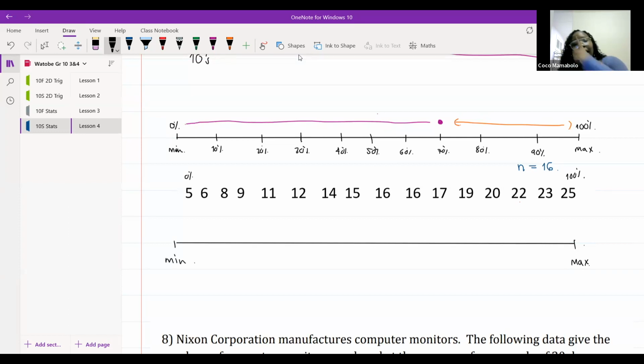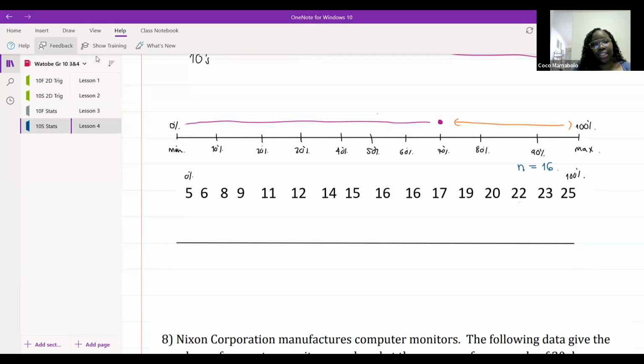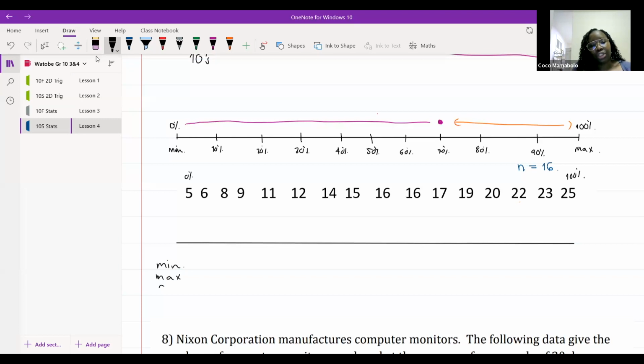I'm just going to draw a number line for now. I want you to find me my minimum, my maximum, and Q1 and Q2. Remember, Q2 is my median, and my Q3.